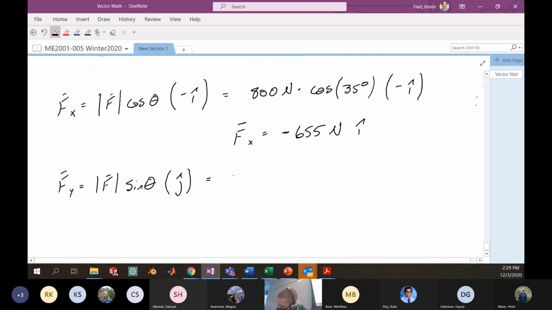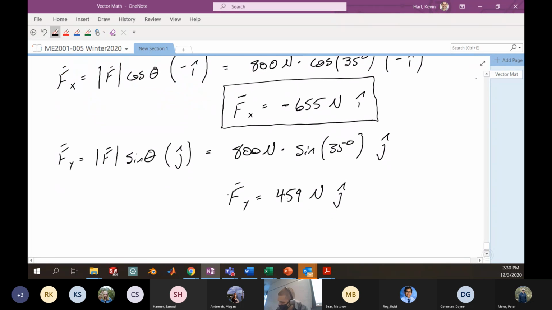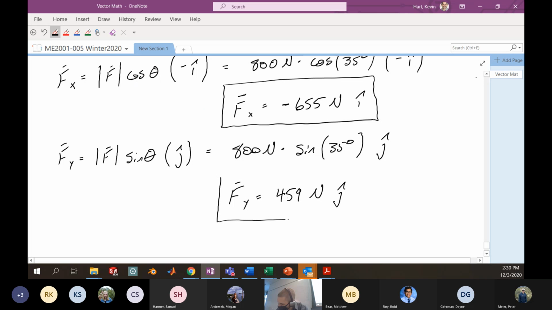So this is going to be 800 newtons again, times the sine of 35 degrees, and this is in j hat. So I'll find that my component in the y direction is 459 newtons in positive j hat. So these together would be the two vectors that make up the sides of the triangle of that full f vector.